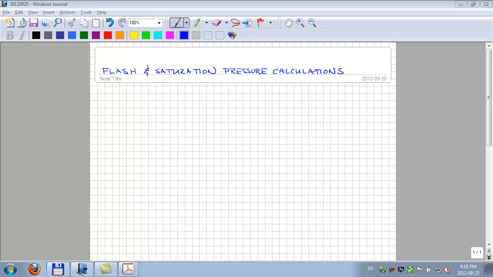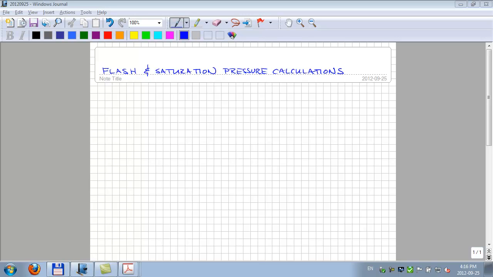So last meeting we talked about the flash calculation, the so-called Rachford-Rice algorithm, and today we're going to do an exercise with that calculation.